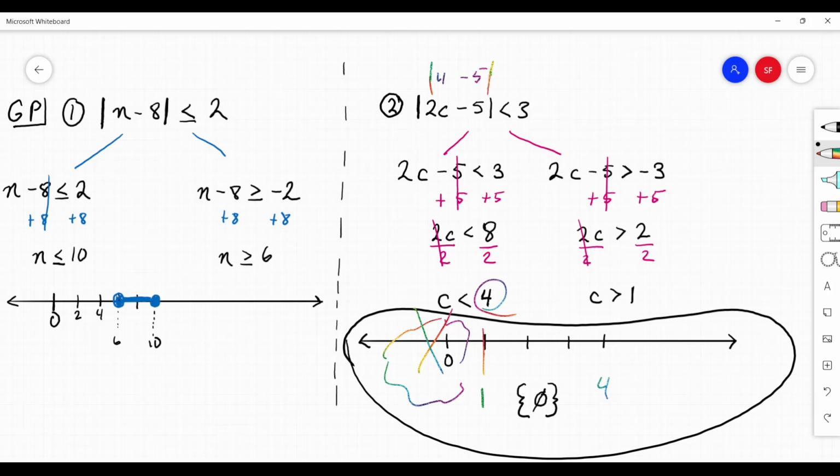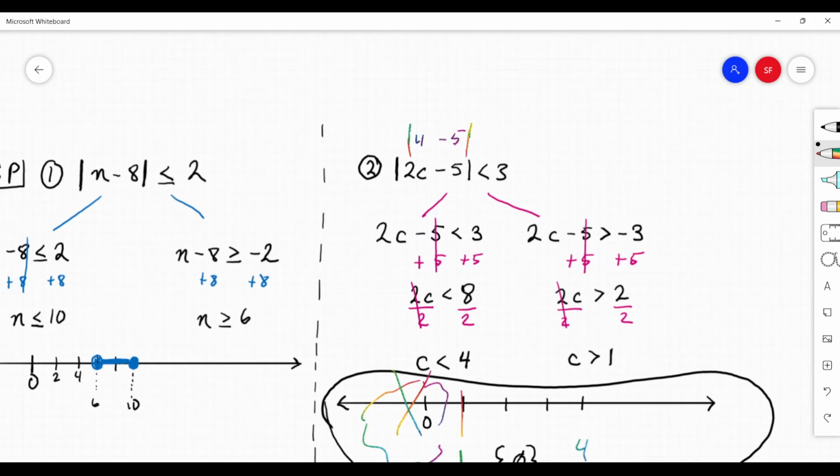Oh, okay. I skipped the first step here. This one would have started out as negative 2c minus 5 is greater than 3. And then you would divide by negative 1. And then 2c minus 5 is, oh, I wrote this wrong, didn't I?